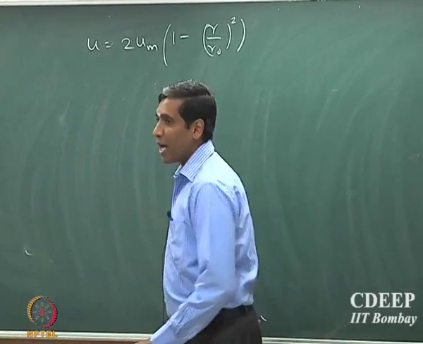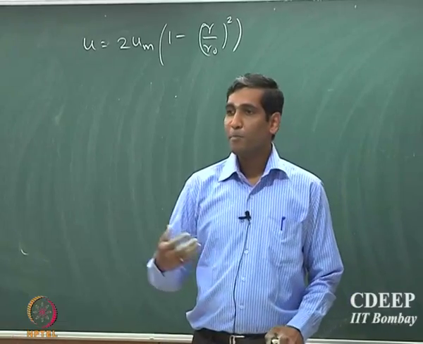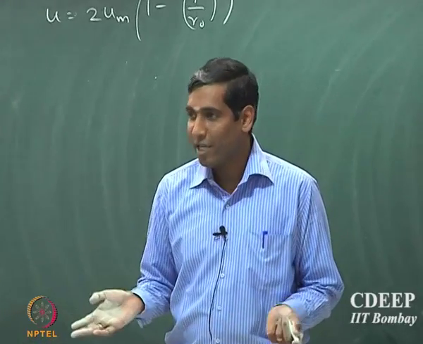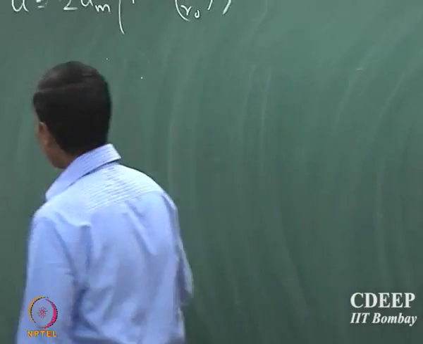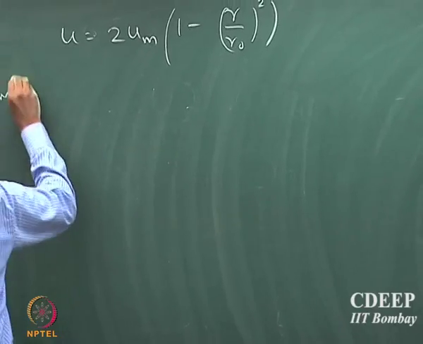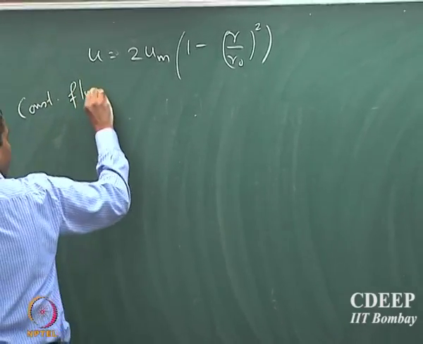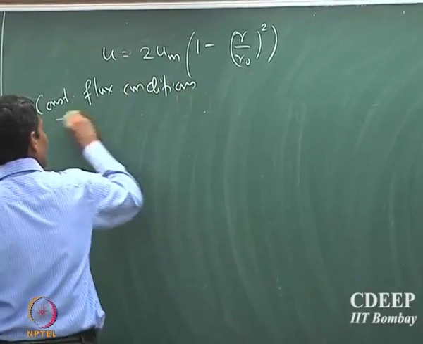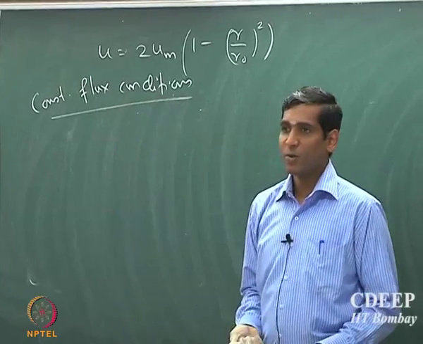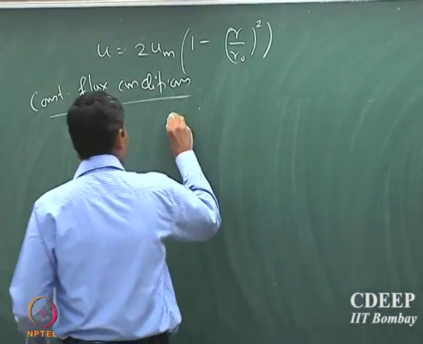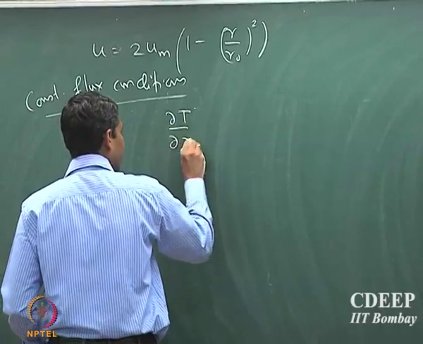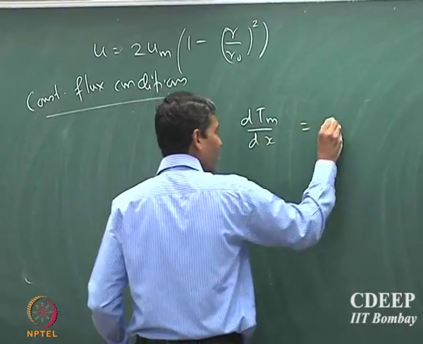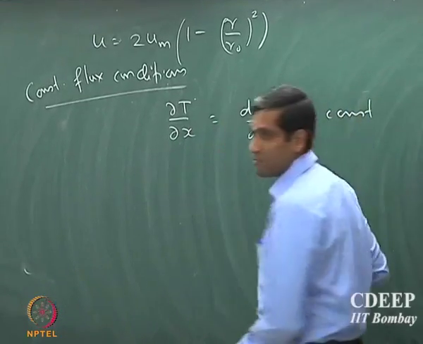We now have to tap on some of the properties that we derived without solving the equations. Suppose I start with a constant flux condition. For constant flux conditions, we know that dTm/dx is a constant.